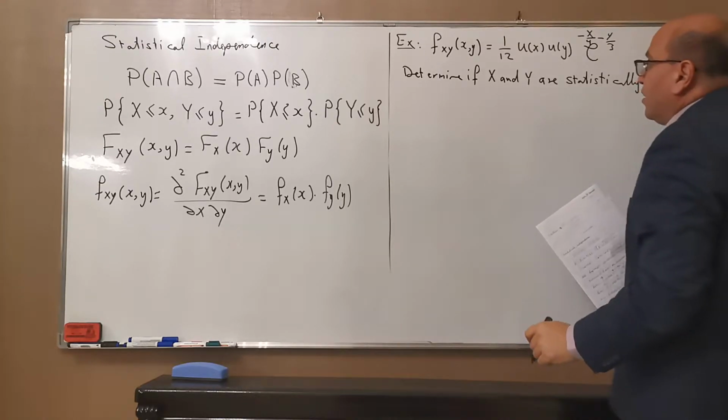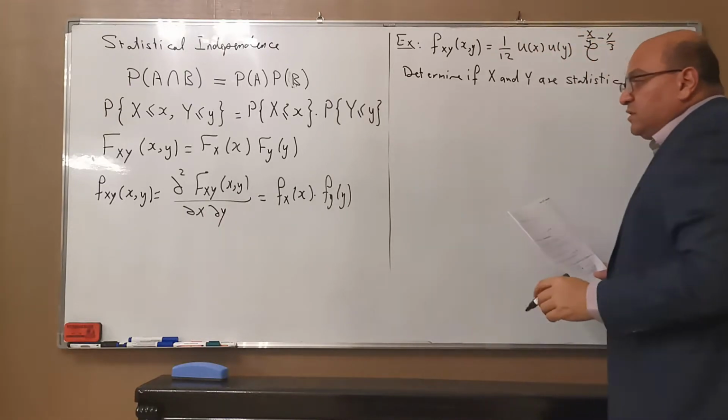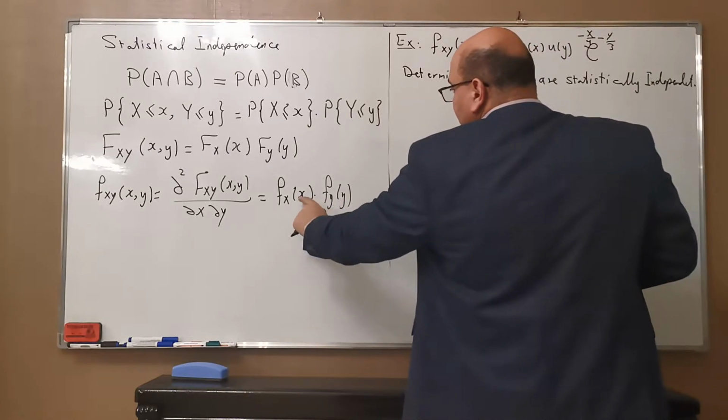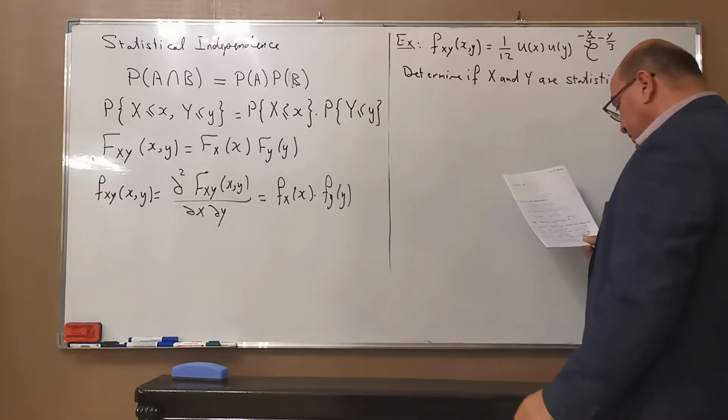So we would like to see if they are independent or not. The procedure will be to find the marginal densities and see if their multiplication equals the original joint density.